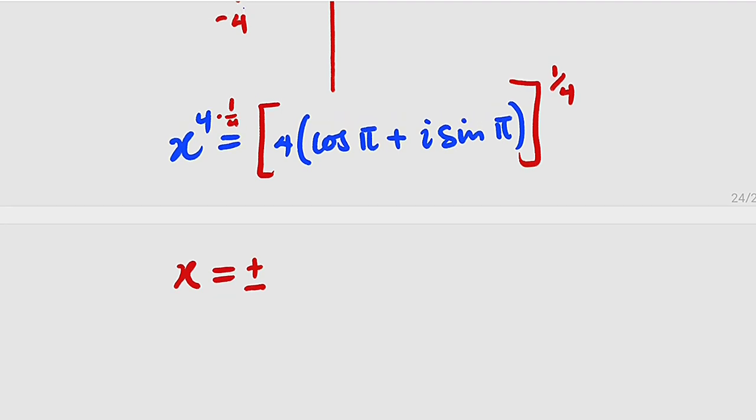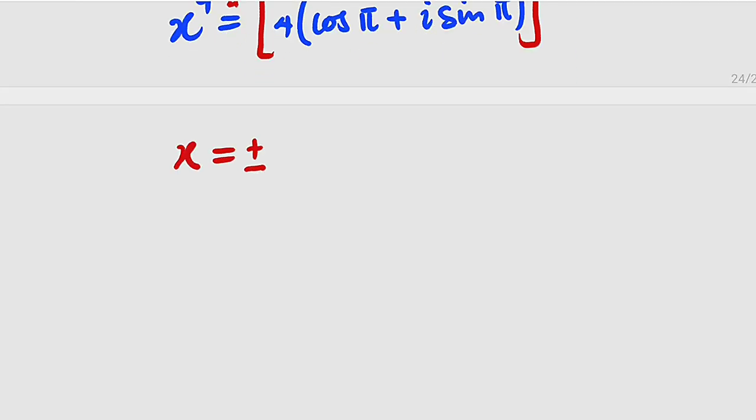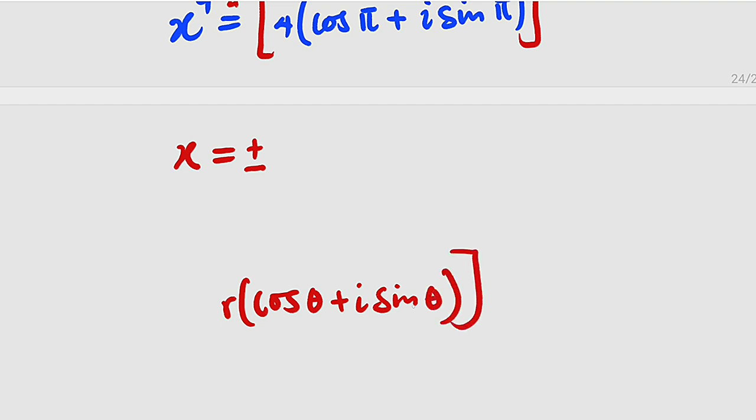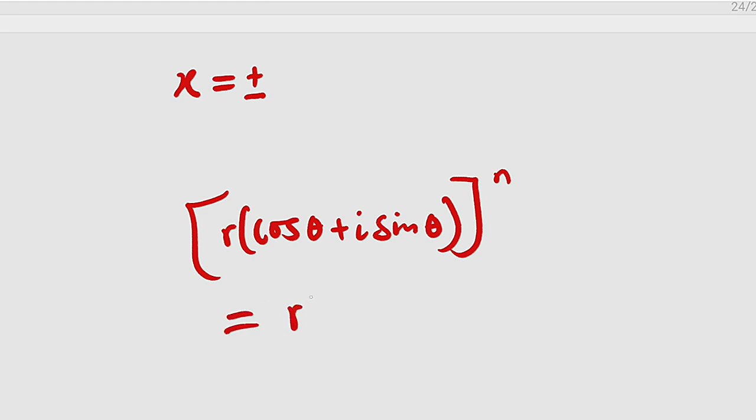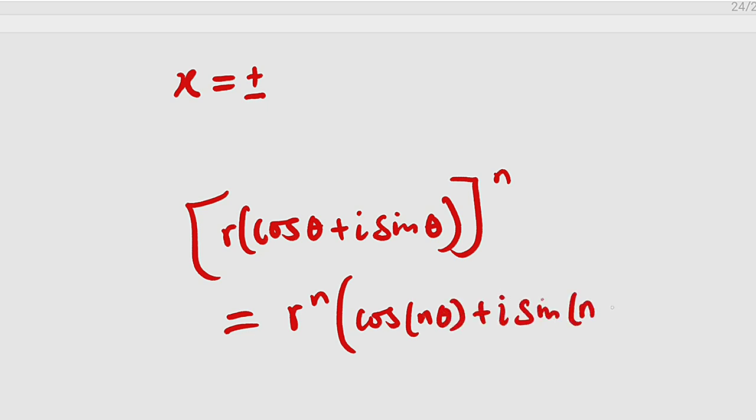So what you should remember is De Moivre's theorem. It states that if you have a complex number in the form of r cosine theta plus i sine theta raised to the power of n, this can be written as r raised to the power of n multiplied by cosine of n theta plus i sine of n theta.